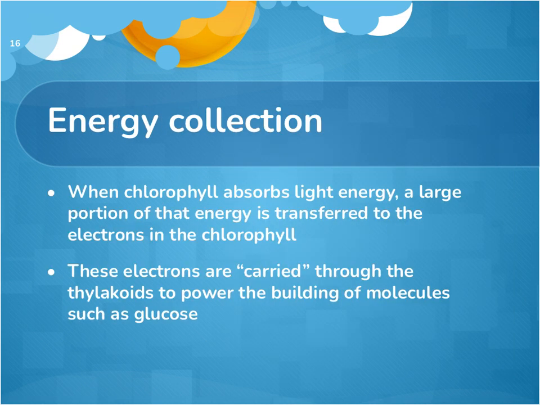So the function of the chloroplast is to collect energy, right? So when chlorophyll, the pigment, absorbs light energy, then a large portion of that energy is transferred to the electrons in the chlorophyll. And then these electrons are carried through the thylakoid, and they help to build molecules such as glucose.